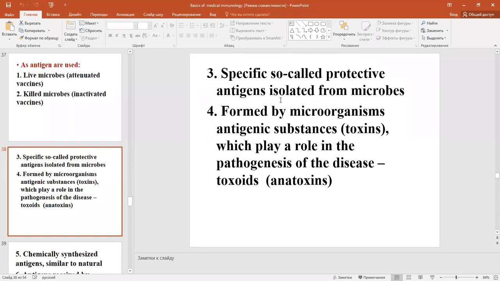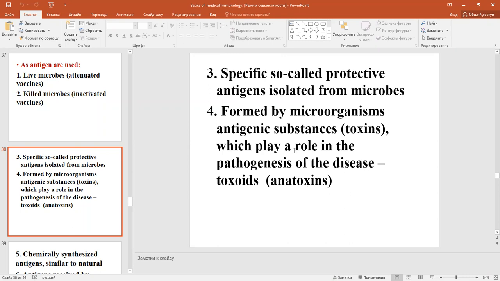And hepatitis B surface antigen, HBs antigen, was detected as protective, and it is used now for vaccination against hepatitis B. And as antigen, sometimes exotoxins are used in case of toxinemic infections.